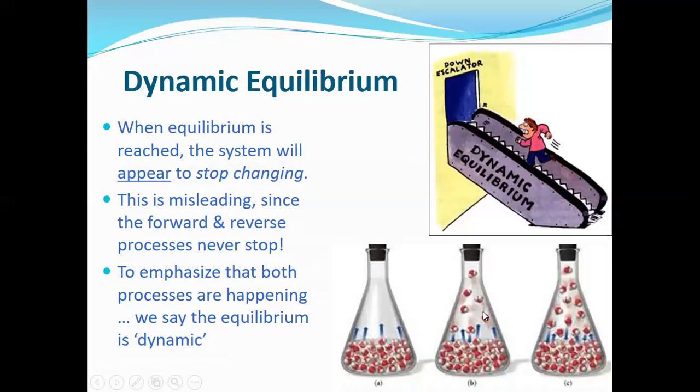Then why doesn't the level of water drop down if the lid is on the bottle? Because the gas particles, the water vapor particles, are also condensing. And when they evaporate from the liquid and condense back to the liquid at the same rates, the level of liquid inside the bottle doesn't change.